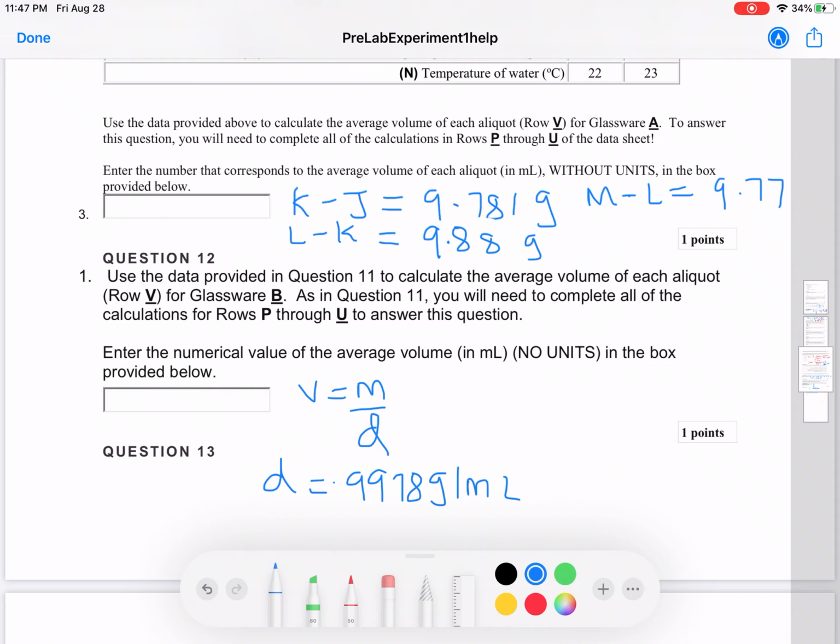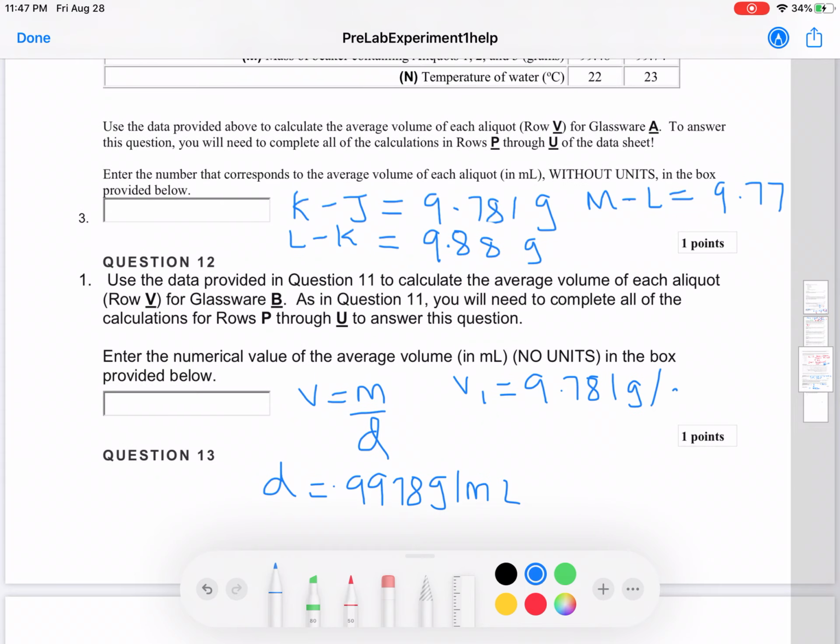So the first volume, V1, when you divide 9.781 grams by 0.9978 grams per milliliter, that's going to be 9.803.